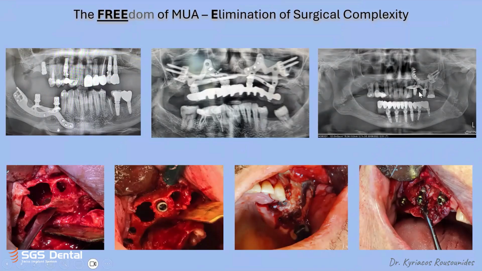I think this one is removed from the mouth because of an infection. You can see that you need a lot of surgical skills to place such implants. You see here that we had problems with augmentation, with covering the subperiosteal implant. These are other cases with big defects where we had to place straight implants.